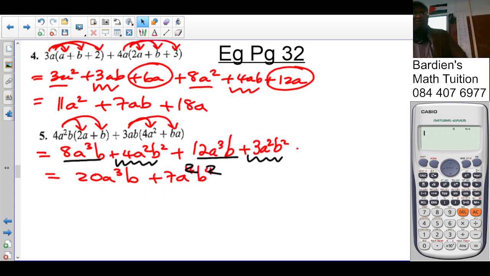Alright, for homework I want you guys to look at exercise 3, number 2. Exercise 3, number 2.